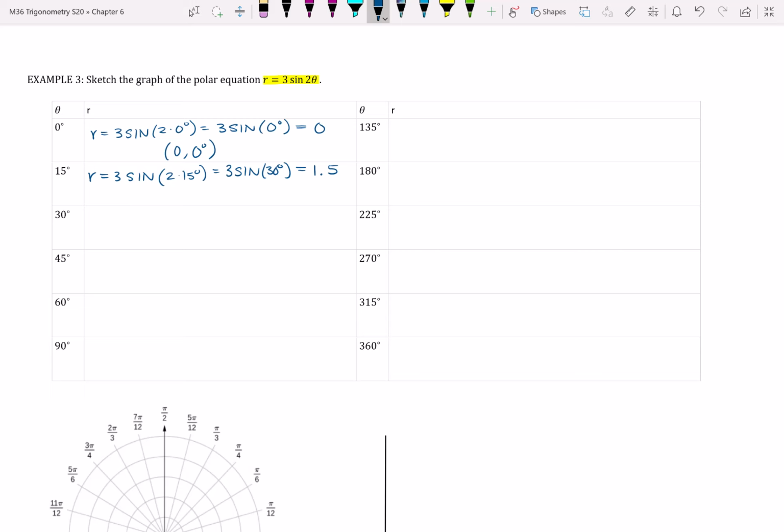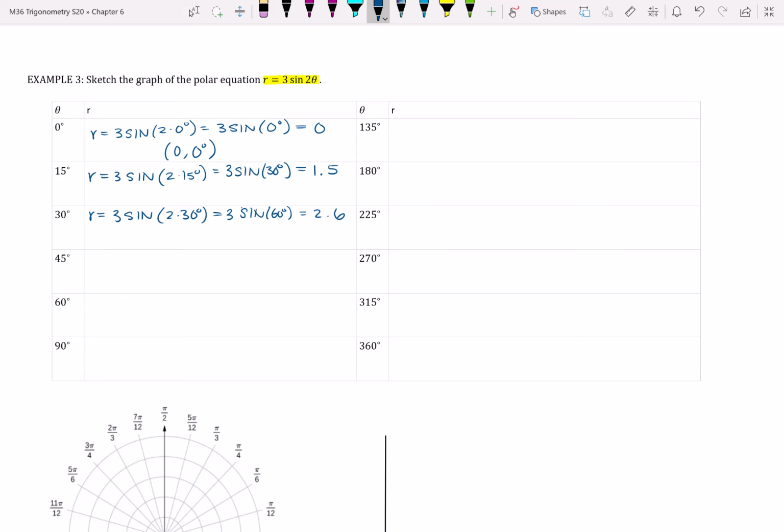The next one is r equal to 3 times sine of 2 times 30 degrees, which is 3 times sine of 60 degrees, which equals 2.6.